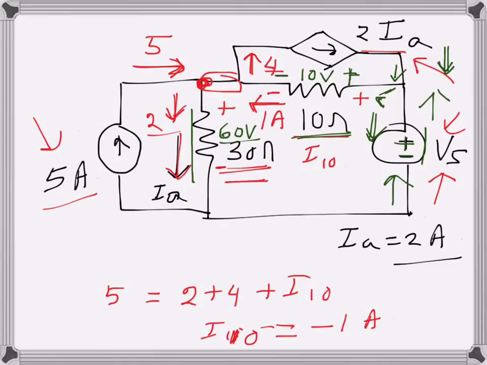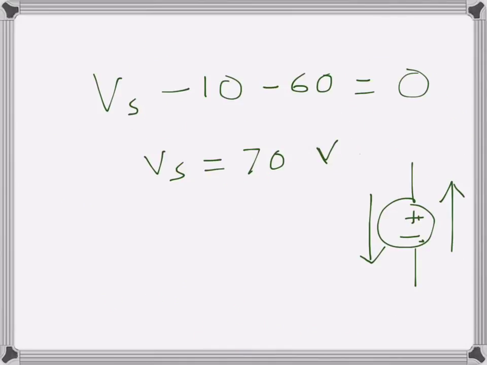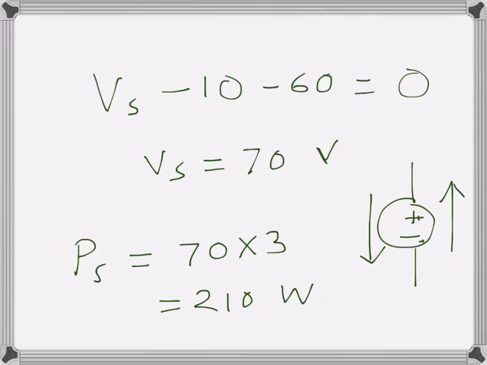So in this case, the current is going in this direction, 3 amps. So the power that it is absorbing, let's call it PS, will be 70 times 3, and that is 210 watt. So we are just saying power absorbing because we have noticed the sign is in the other direction.